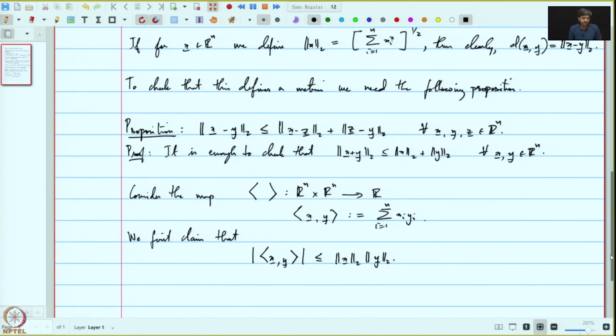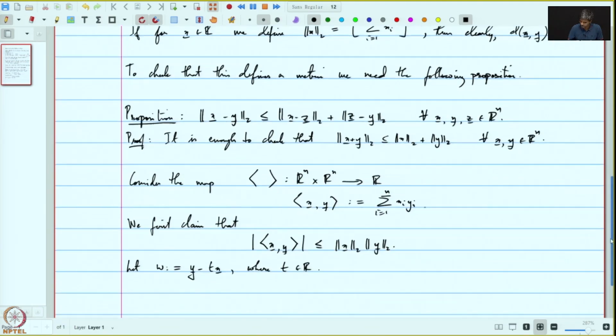Let us first prove this claim. To see this, let us define w to be equal to y minus tx, where t is a real number, and now let us compute.